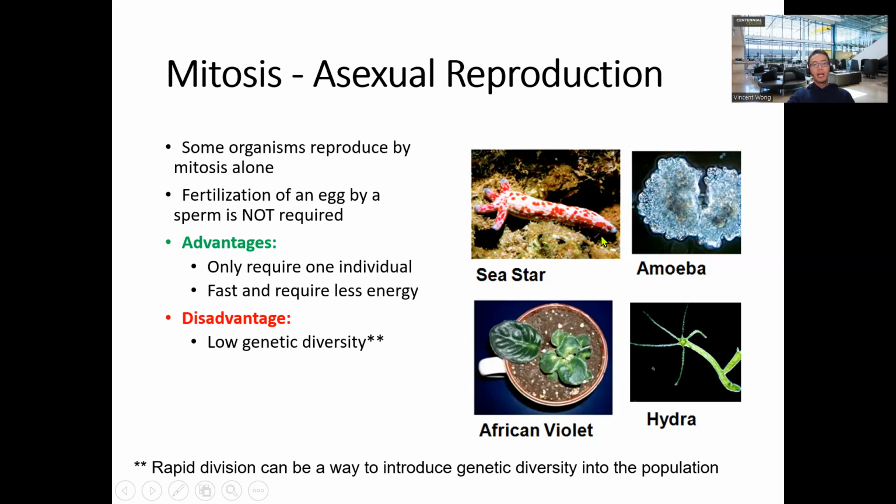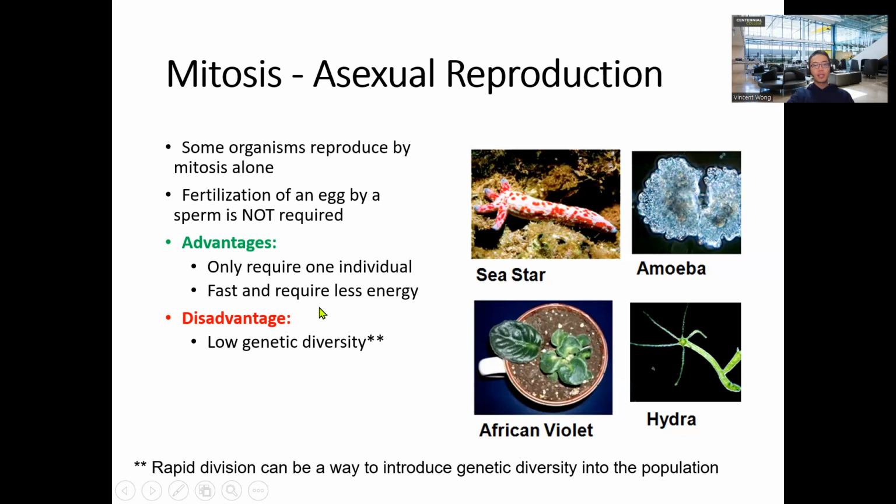Okay, they only need one individual, so that's an advantage, right? If you're the only sea star left in the ocean, you will still be able to make more of yourself by this process of asexual reproduction. You do not need a partner, right? So it's much easier to reproduce compared to sexual reproduction, very fast and requires less energy.